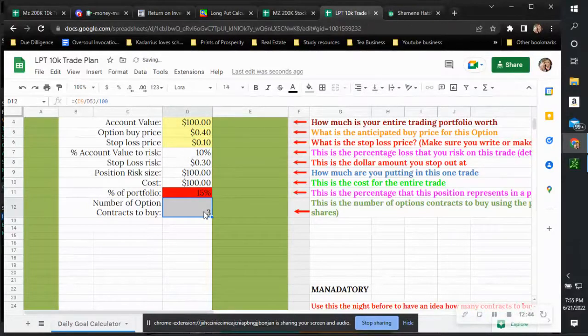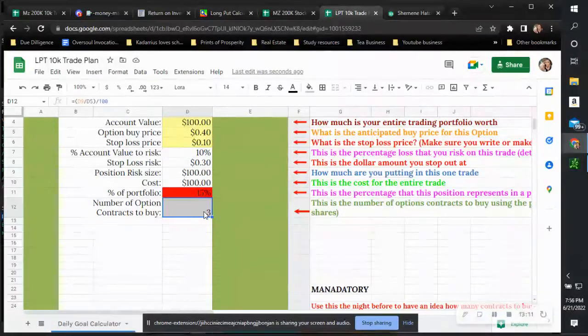Yep, 3 contracts, just like I just said. Okay, so already I know I have my index card. I buy index cards at Family Dollar, 50 cents. And I write every night the stock that I'm trading. I write down the estimated amount of the contract.